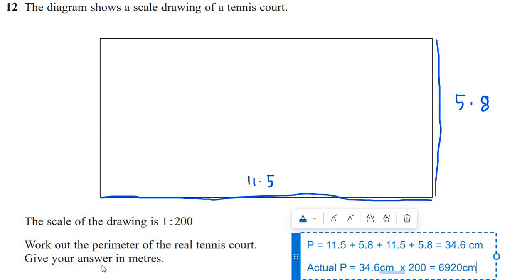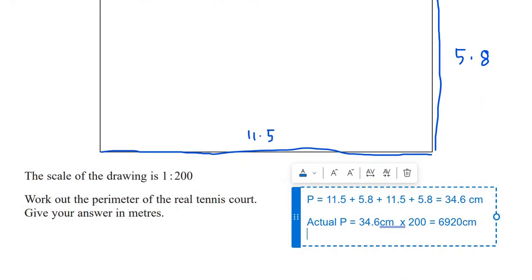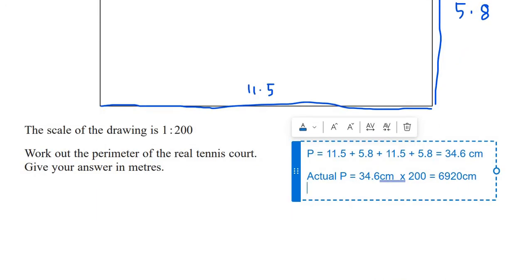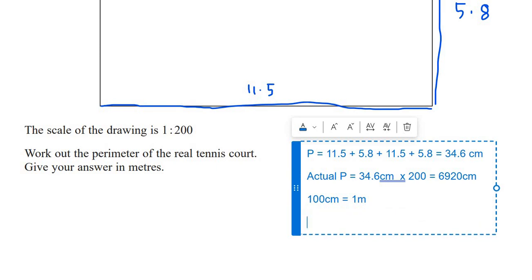But we need to give our answer in meters. So how do you convert centimeters to meters? We know that 100 centimeters equal 1 meter. So we need to divide this by 100. That will give you 69.2 meters.